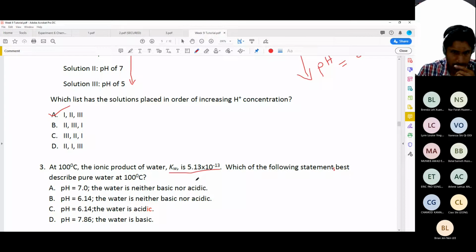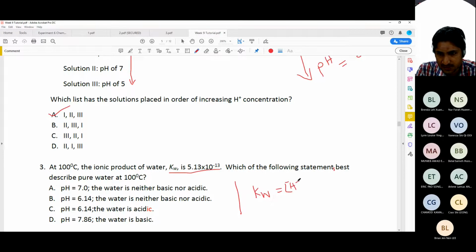Kw is 5.13 times 10 power negative 13, right? From there, can we find the pH of the water from this given Kw value? We can, because Kw is equal to the hydrogen ion concentration times the hydroxyl ion concentration, right?